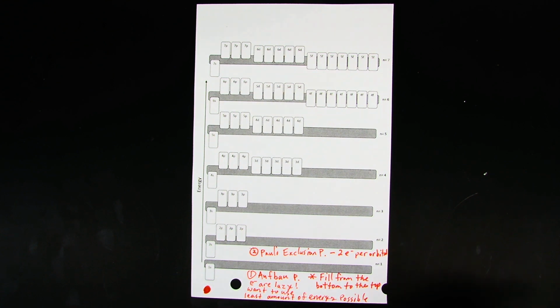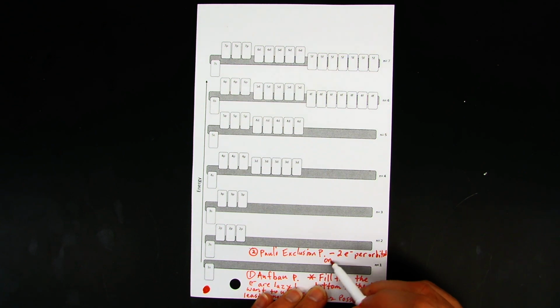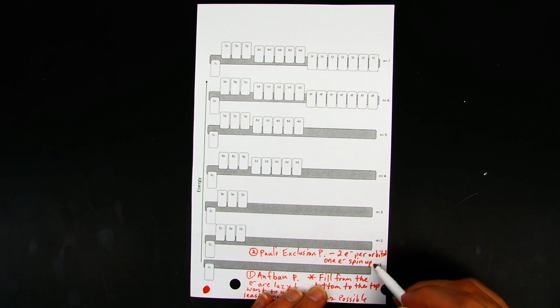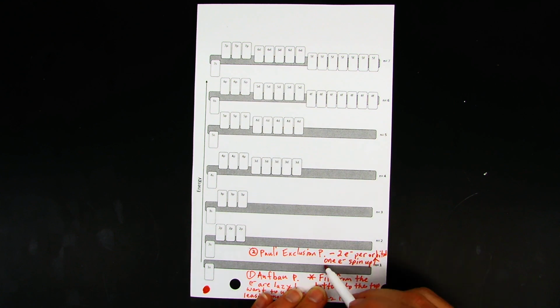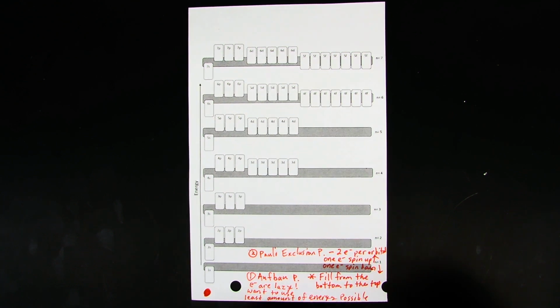And that means they have to have opposite spins. So one electron has spin up, and we represent that by an up arrow, and one electron has spin down, and we represent that by a down arrow.